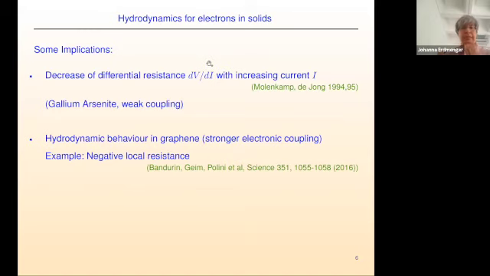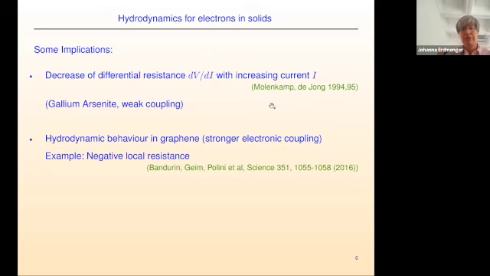Okay. Now this has been already investigated experimentally some time ago, where people looked at some wire made out of the solid, and studied the behavior of electrons moving in this wire. There were some results already some time ago in the context of weakly coupled semiconductors like gallium arsenide.